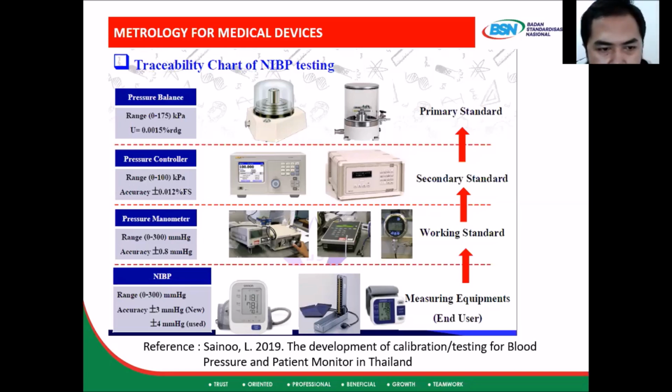In the OIML regulation, they also state that the NIBP device should be calibrated with a standard with accuracy plus minus 0.8 as the minimum requirement. The accuracy of the standard must be 0.8 millimeter of mercury.